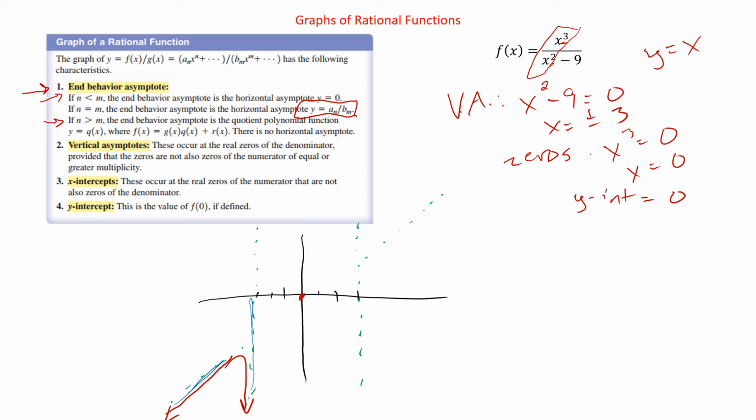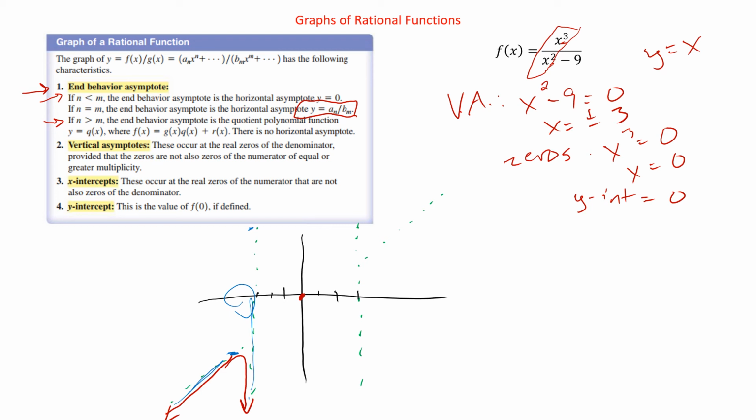In order for it to go up to positive infinity, what has to be in between here and this asymptote? At some point there, it would have to cross 0. It would need a zero. There is no zero out there, which means it's either going to be all positive or all negative.